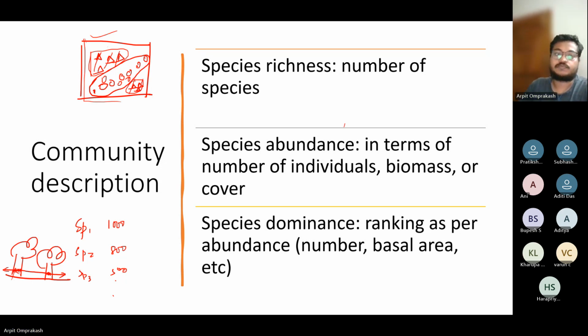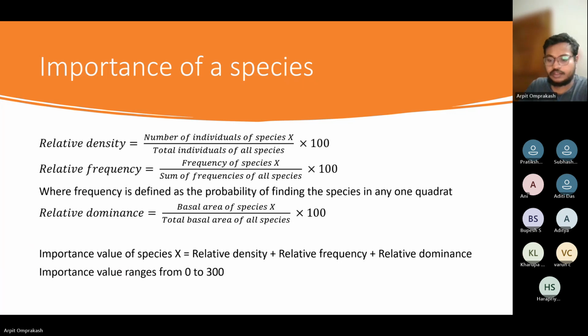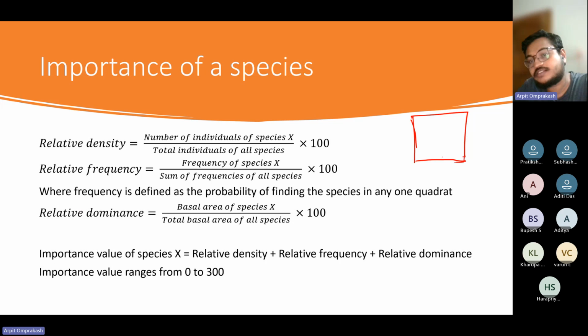Okay. Next, based on these different variables that we can measure, such as the basal area or the number of individuals or even the frequency of individuals or frequency of species. So what do you mean by the frequency of species first? So frequency of species is basically, let's say you have a quadrant like this.